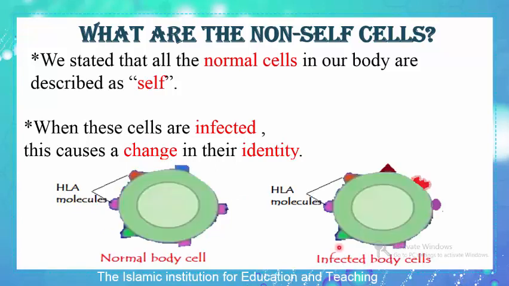Example here, this is a normal body cell expressing on its membrane the specific HLA molecules. Once it becomes an infected body cell, it will have a change in the identity of the HLA molecules. Observe it clearly, please, in order to guess the difference. Great.